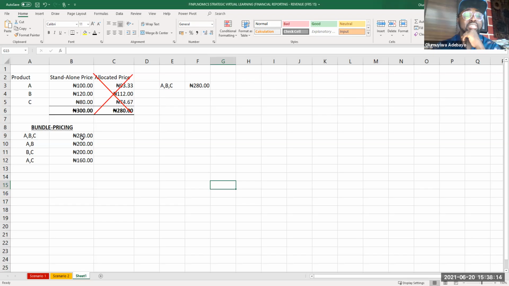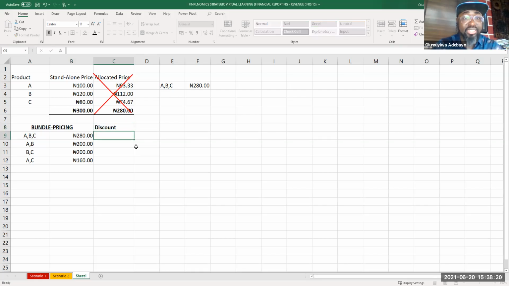When you buy ABC, it's 280, which means there's a discount, or incentive, or rebate, any language you use. It is the difference between this and this. What is the discount?